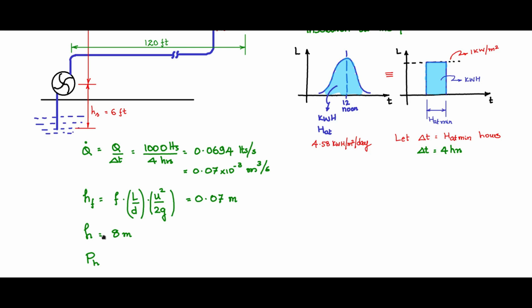So almost the entire amount of head is due to the suction and the delivery head. Now what is the hydraulic power required? 1000 into 9.81 into Q dot into H. If you plug in these values, H is 8 meters, Q dot as here, you will see that the power requirement is only 5.45 watts.